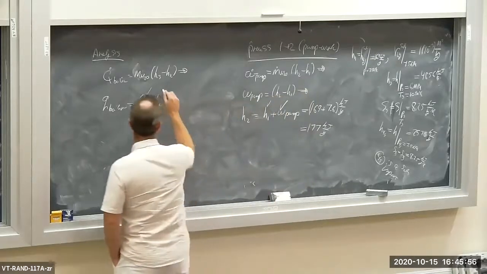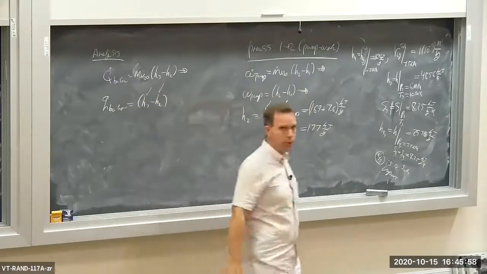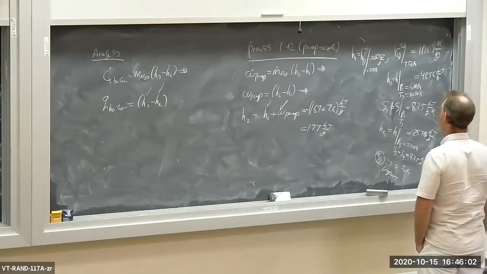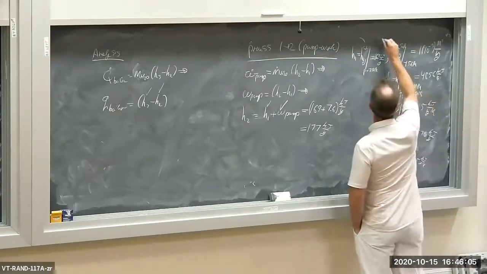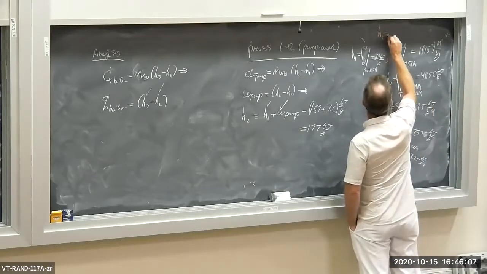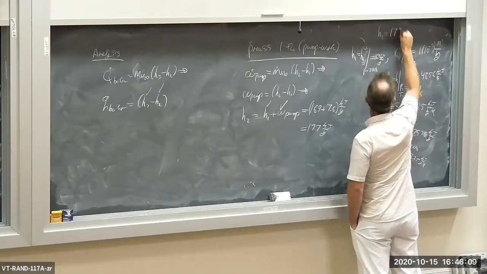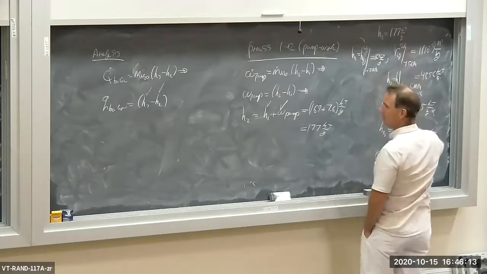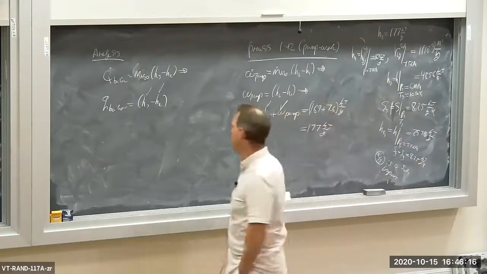Now I have H2. In fact, I'm going to write that up here. H2 equals 177 kilojoules per kilogram.